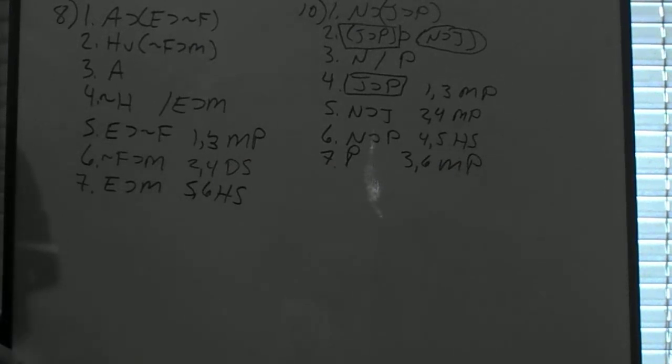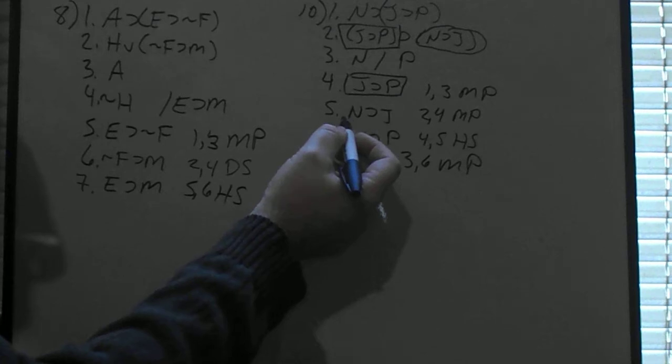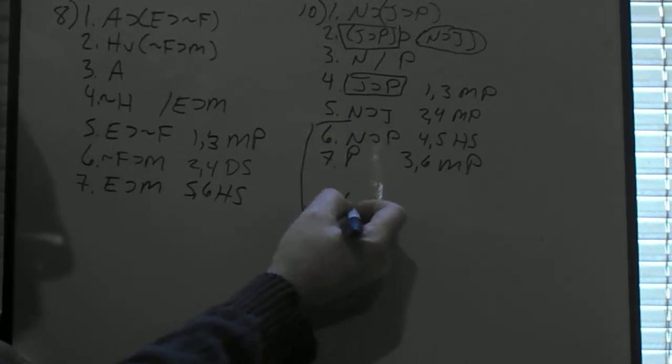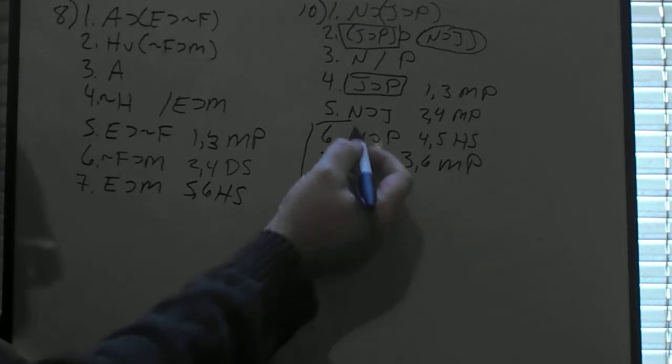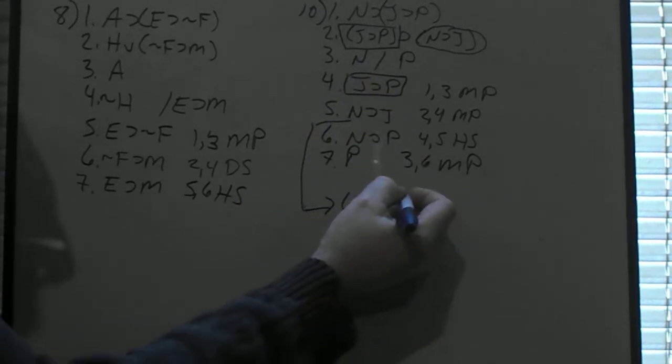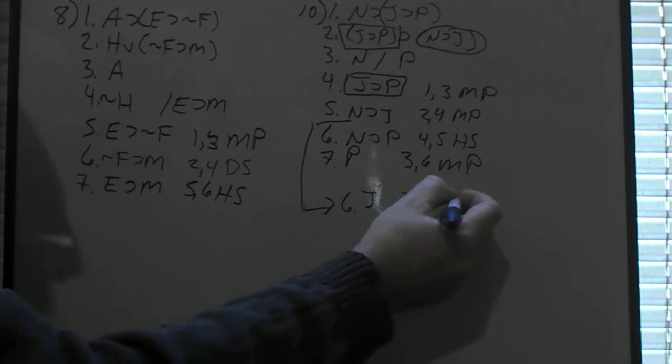Modus ponens. All right, but you could have also, when you got to this point, alternatively, if N, then J, N, therefore J, so 3 and 5 modus ponens.